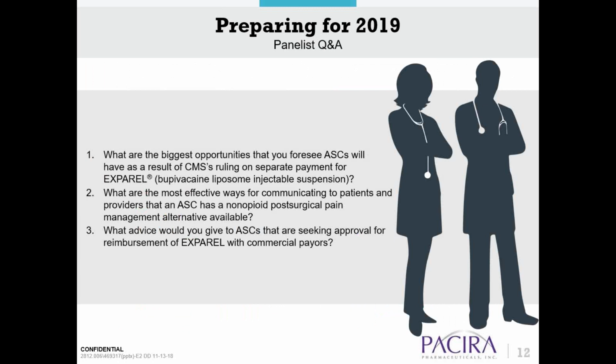Sure. Well, I think you need to have your complete commercial contracts in hand, and then check your specific payer fee schedules online to see if there's already a fee loaded.